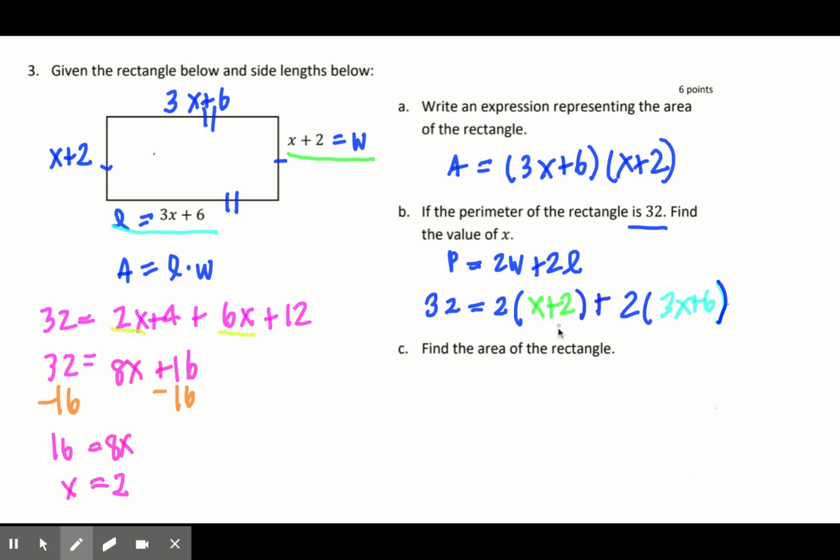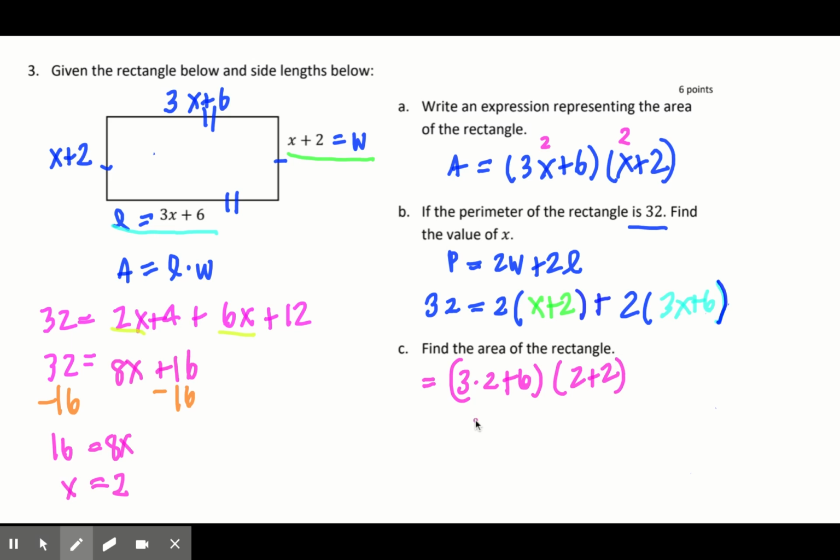So then it says find the area of the rectangle. Really, you just plug into here, right, since you already set up that. So then the area is 3 times 2 plus 6 times 2 plus 2.